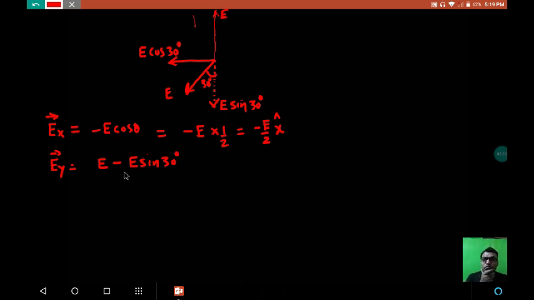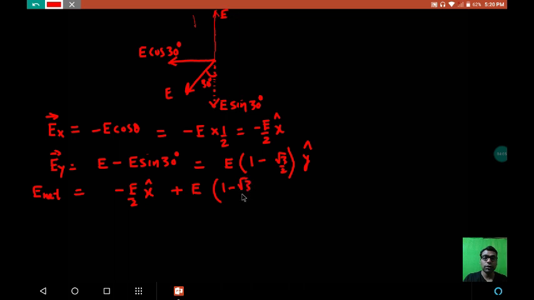So this is the net electric field. We make it out as E times 1 minus root 3 by 2, and it is in the y direction, so we put y cap. What is the net electric field? Yes, the net electric field in x and y is minus E by 2 x cap plus E into 1 minus root 3 by 2 y cap.